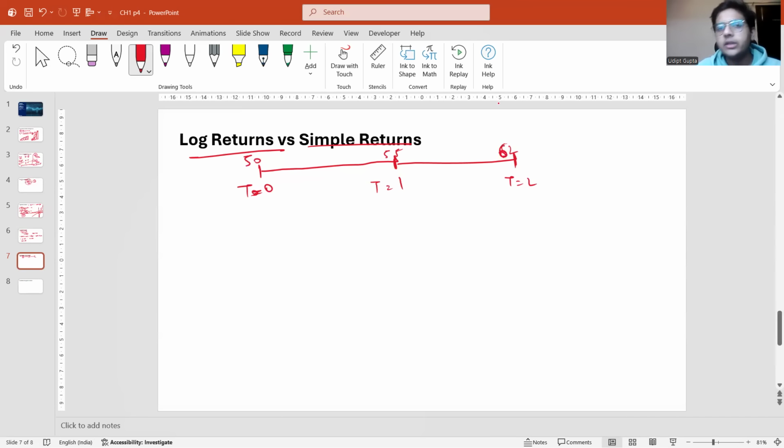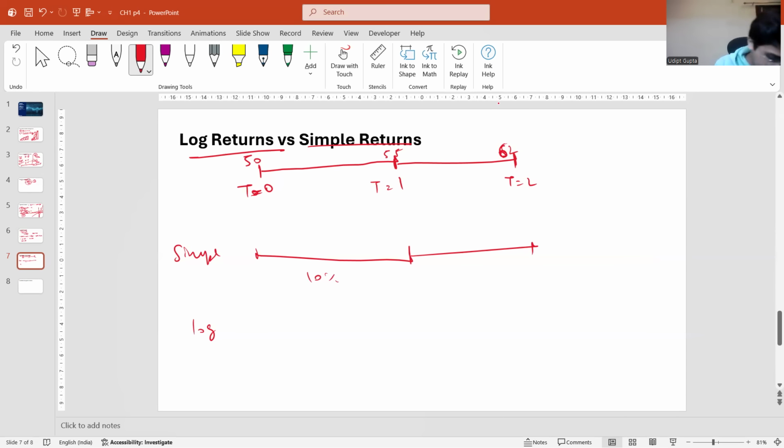Now let's calculate returns. What will be the simple return for the first time period? For the first time period, the simple return will be 10%. For the second time period, the return will be 7 divided by 55.